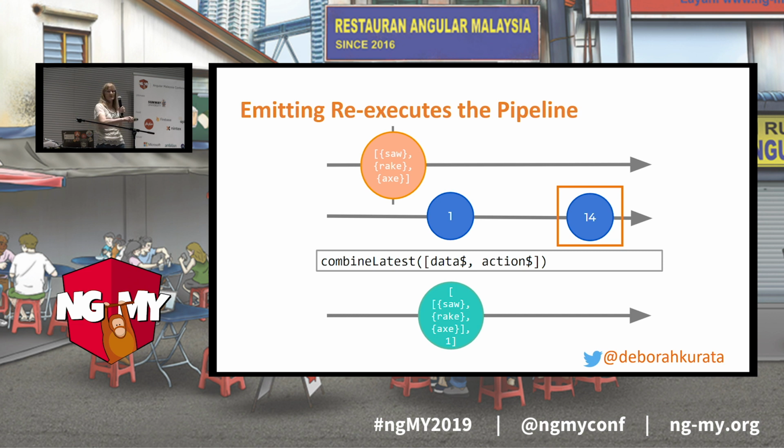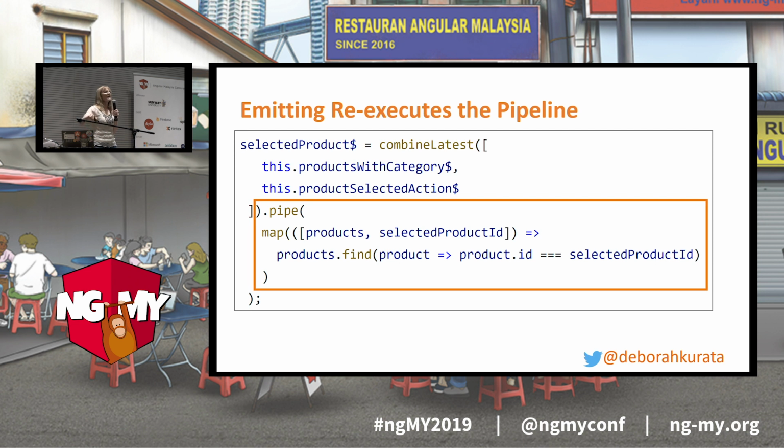Then if the user picks a different one, it re-emits. So again, we have the data and we have the action value. Then it will re-execute that pipeline. So every time the product selected action emits, it will execute the pipeline and find the product that they just picked. Selected product will re-emit.